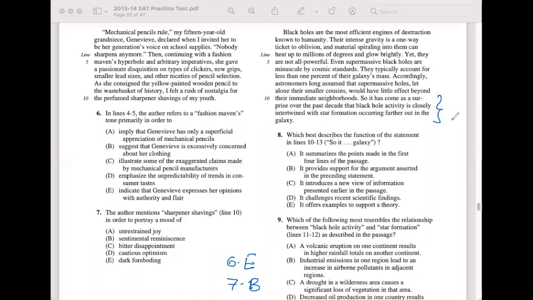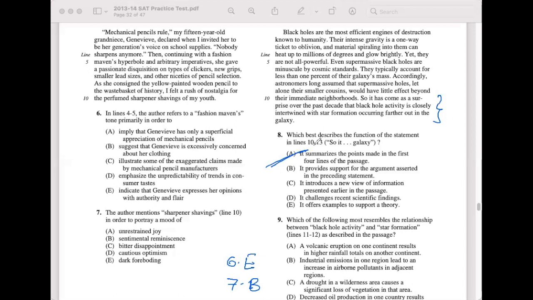It offers examples to support a theory. So what is the purpose of this? The purpose of this last sentence is to explain that what has been recently found about black holes is surprising because of what we have known so far, right? So it is not a summary of the first 4. So I don't like option A. It provides support for the argument asserted in the preceding sentence.